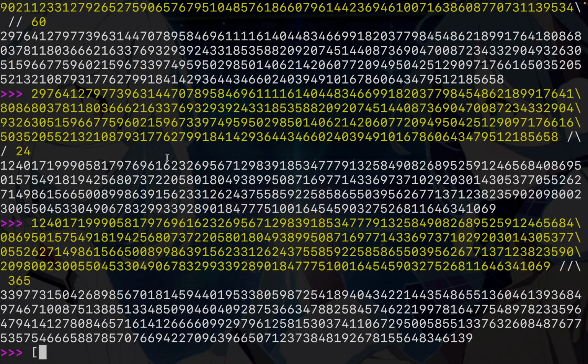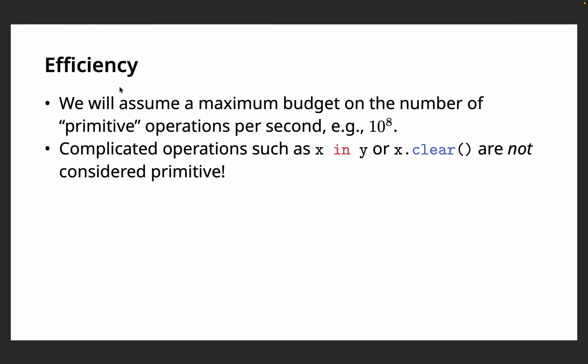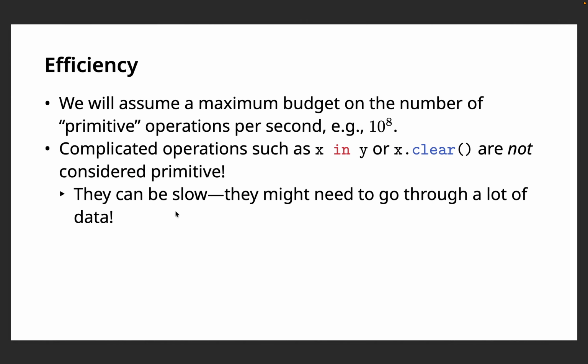For example, for a list, appending and popping, we will consider these primitive. But for other operations like these, that might not be the case, since depending on what structure you're actually using, they could be slow. For example, this x in y, this is slow if y is a list. We went over this before. And x.clear is always going to be slow since you have to get rid of all of the elements in this container here.